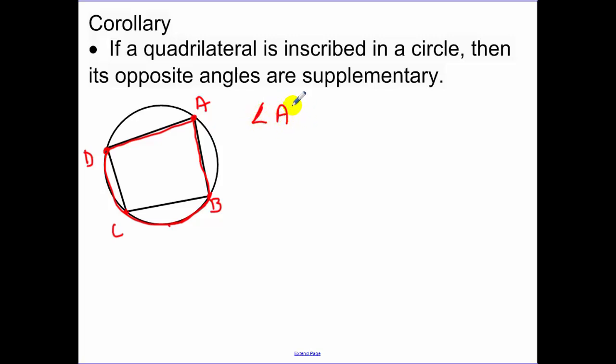So angle, I apologize, I'm naming this wrong. Angle DAB is equal to 1/2 the measure of the intercepted arc, so that's the measure of arc DCB. So angle A is half the measure of this arc here.